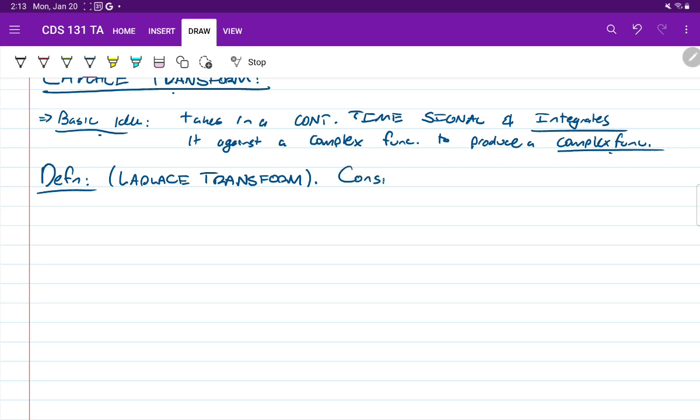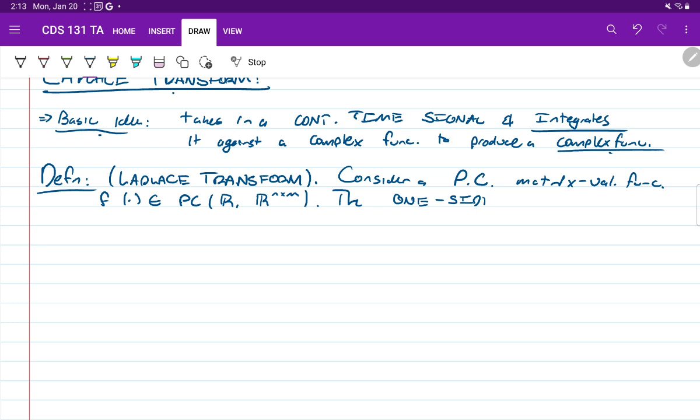Okay, so consider a piecewise continuous matrix valued function, which I'll say f belongs to PC of R, R^(n×m). So the one-sided Laplace transform of f is a complex valued function, which I'll call f hat.